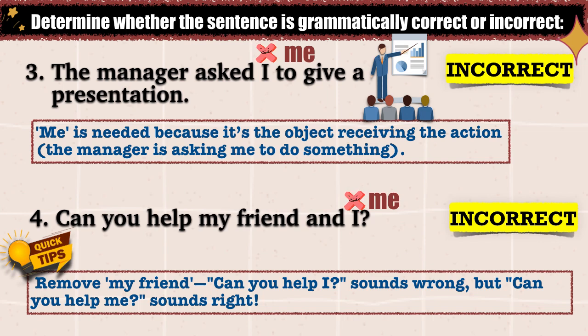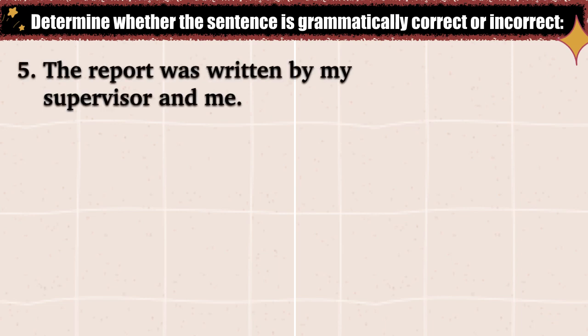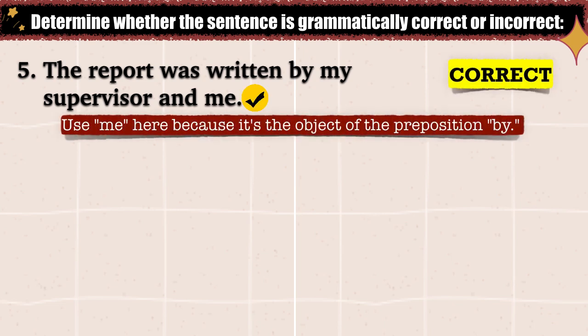Sounds right. Now, let's look at more examples to strengthen your understanding and clear up any confusion. The more you practice, the easier it gets. Let's see the fifth one. The report was written by my supervisor and me. Correct. Use me here because it's the object of the preposition by. A quick check.